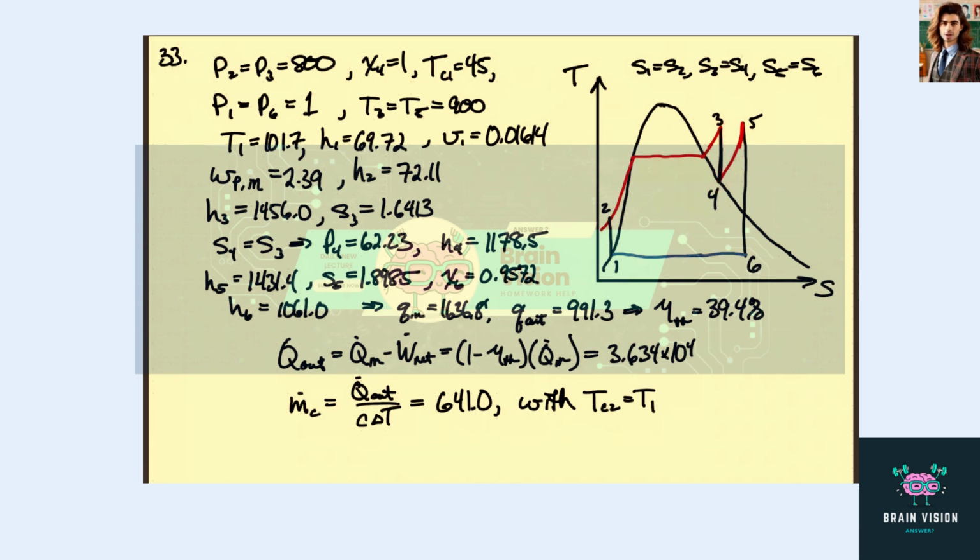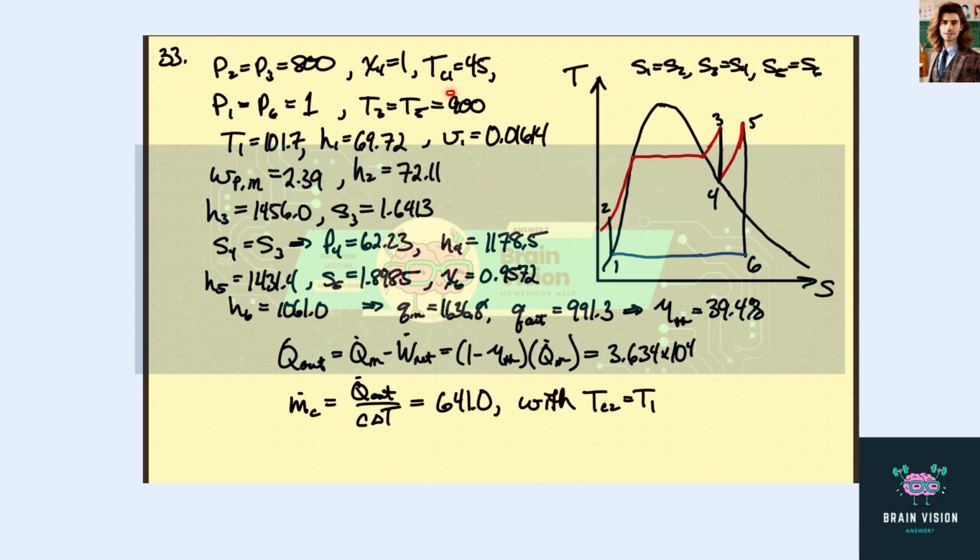We also have heat transferred. Steam is cooled in the condenser by cooling water from a nearby river. The river temperature is 45 degrees Fahrenheit.